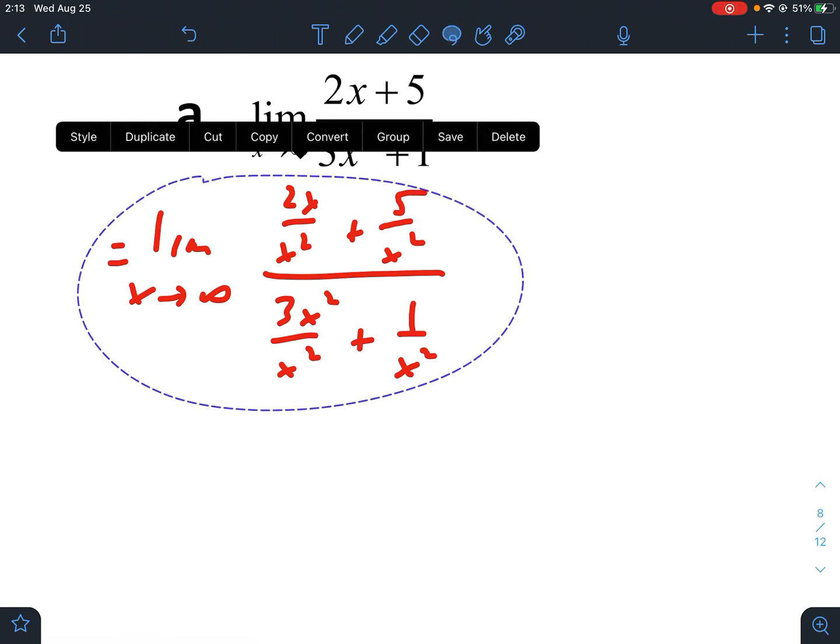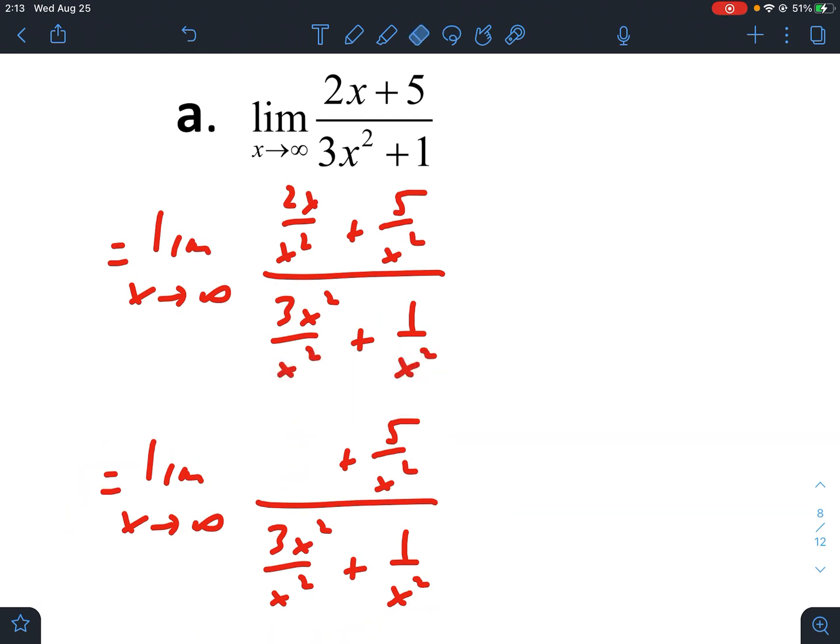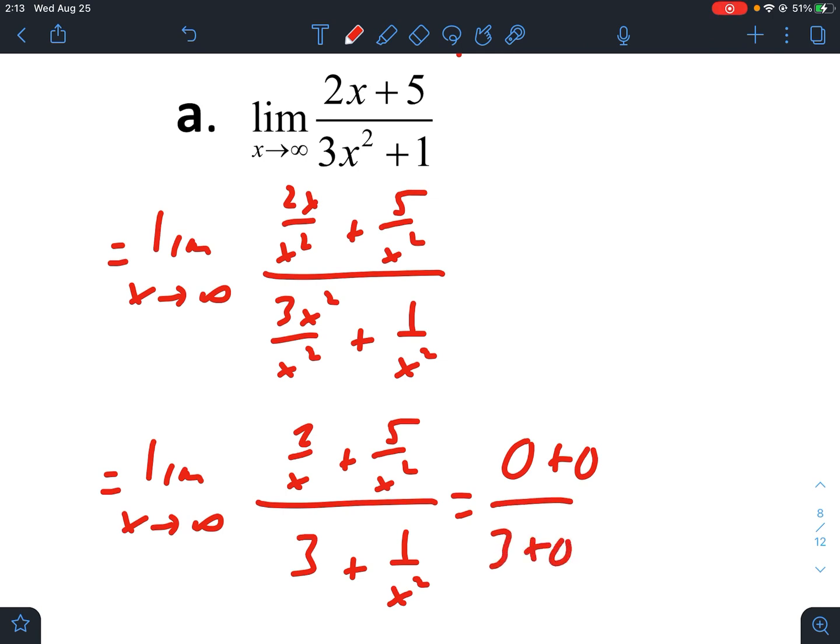All right, and if we simplify this a little bit, this would be 2 over x, and that would just be 3. And now if we put infinity in, we would get 0 plus 0 over 3 plus 0, which is 0 over 3, or 0.